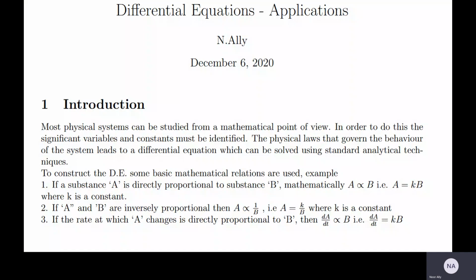In this video lecture, we look at differential equations, the applications of differential equations.